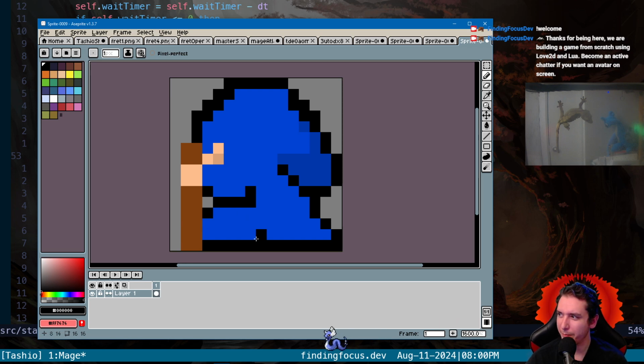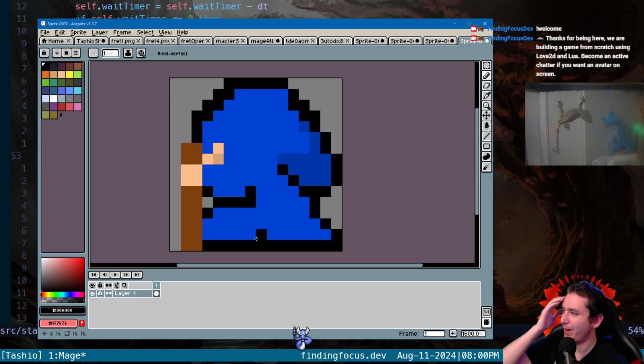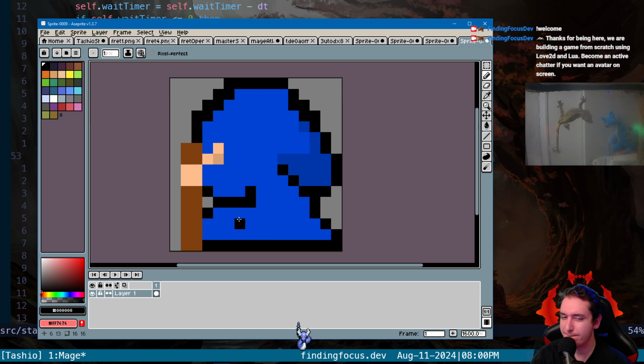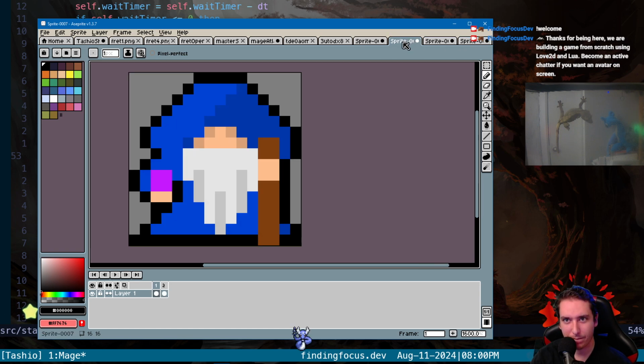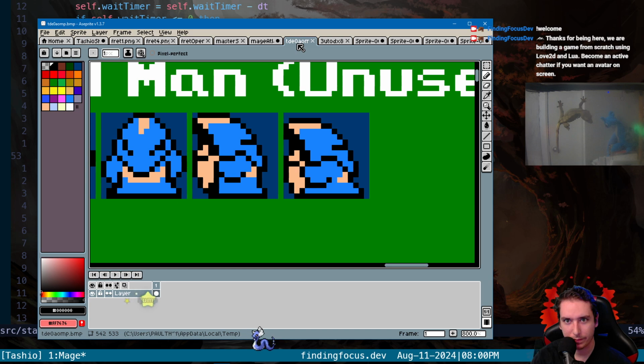Man, it's so hard to make it readable. It's hard because we have a staff in a hand, and the beard really sells it, and the beard is going to be covered with the hand.